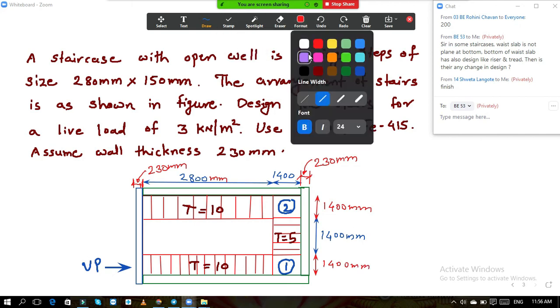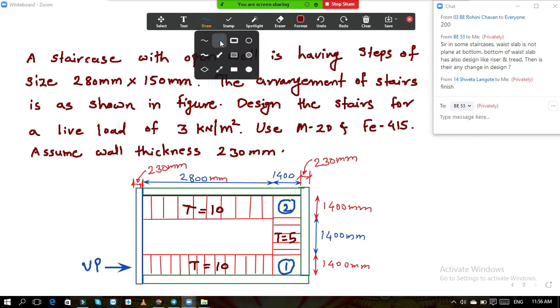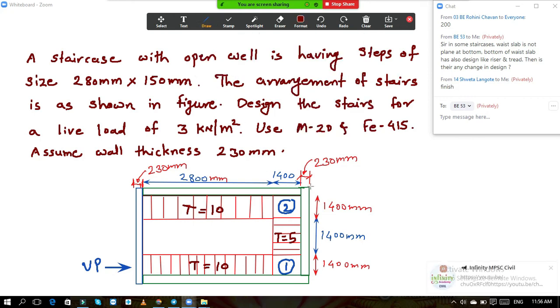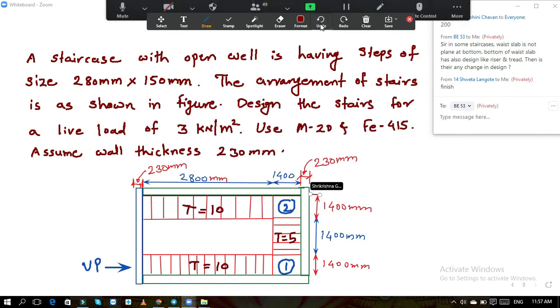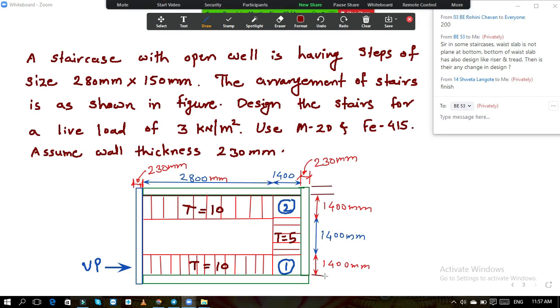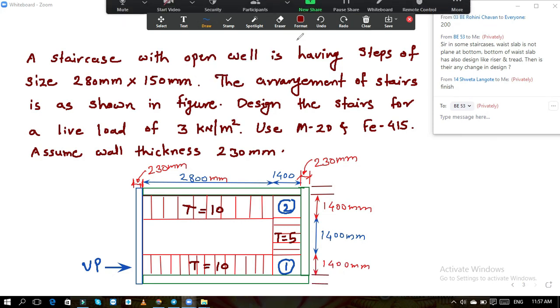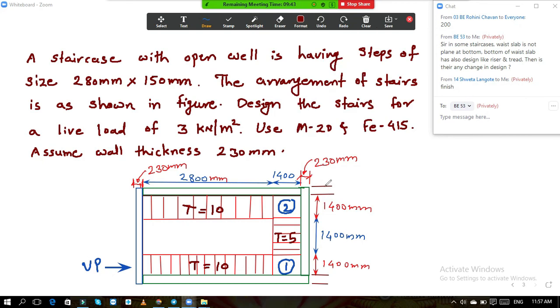And the remaining distance for these points, this is again 230 mm. So this is the given diagram to you.